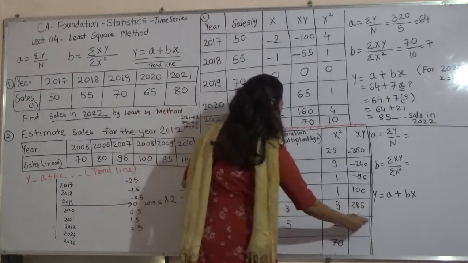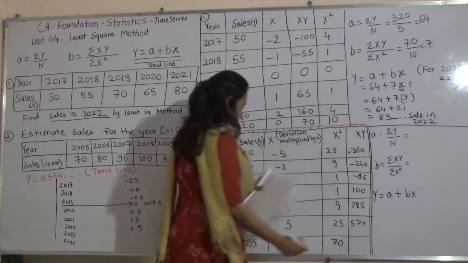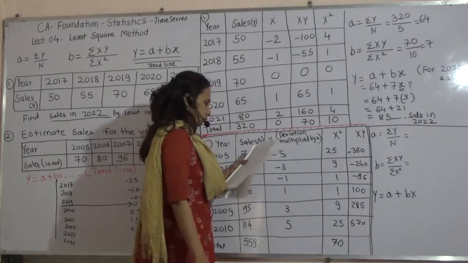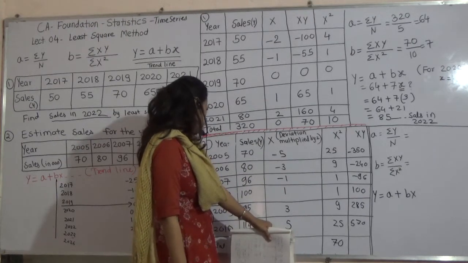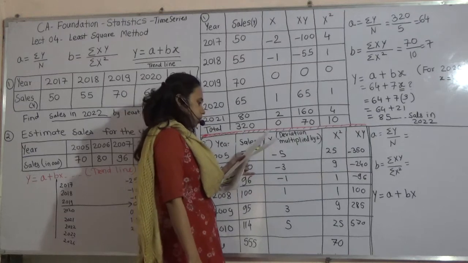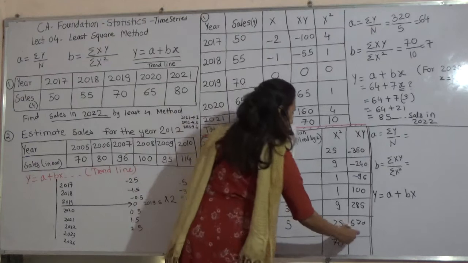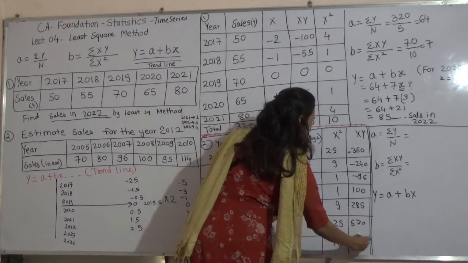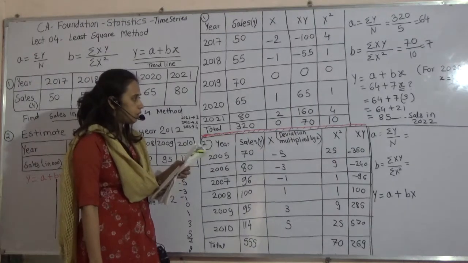Then 570. Okay. Now take the total of it. That comes 269. Okay. Now we are done with summation.